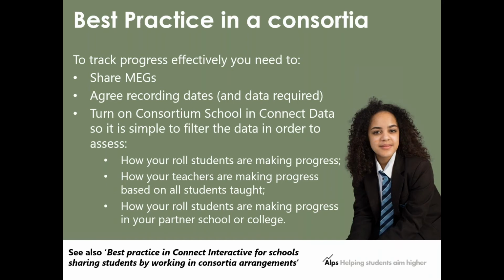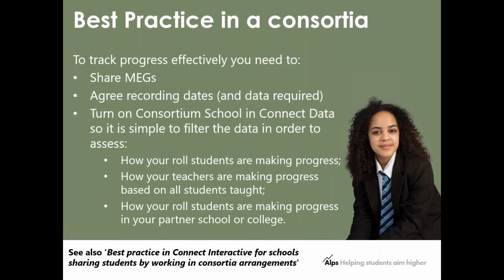You do need roughly similar recording dates because you do need to be analysing the data together. They don't need to be identical, but they need to be within a couple of weeks, I would suggest. And you would need to agree what data was being recorded. There's no point one school, for example, recording working at grades and the other one predicted most likely grades. They're going to be different.